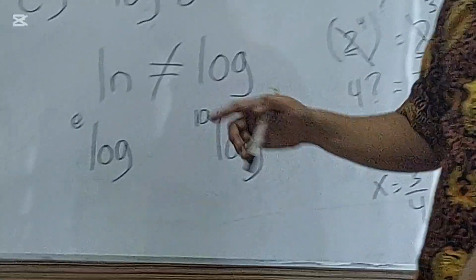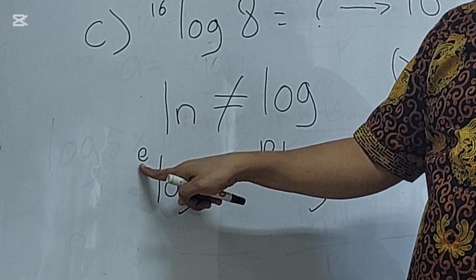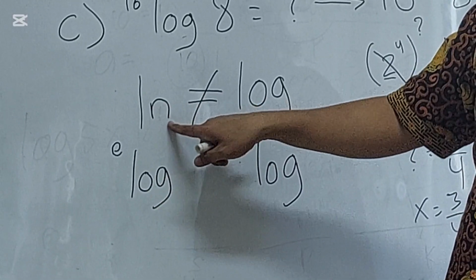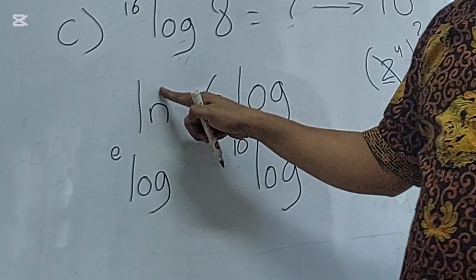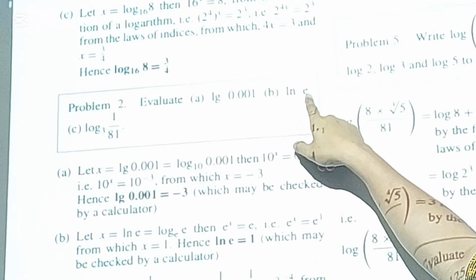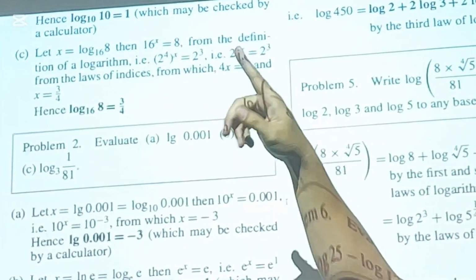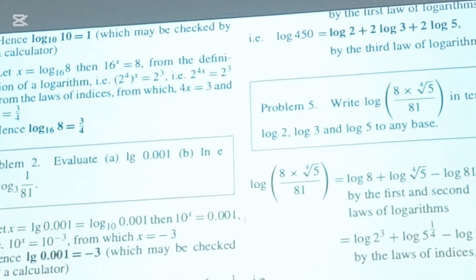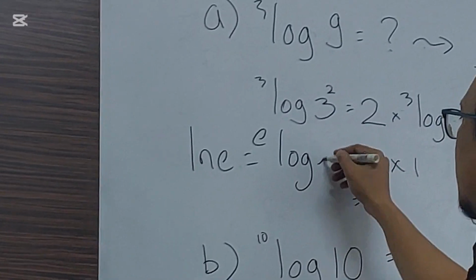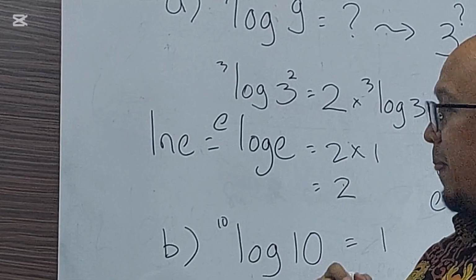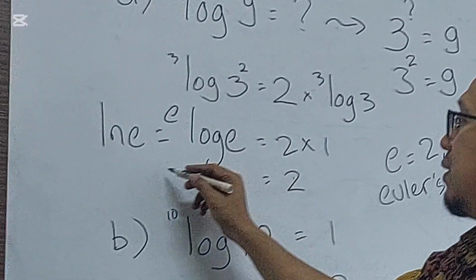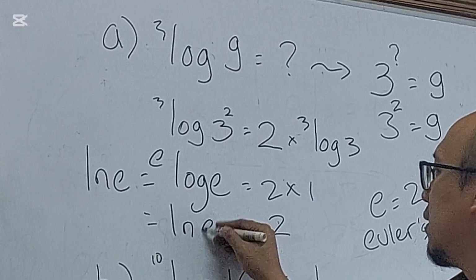So if the base number is e, or Euler's constant, you can write not log but ln. This is called ln. So in problem 2 with B, ln e, it means this is e log e. So ln e will be equal to e log e. But usually we do not write e log e, but ln e.